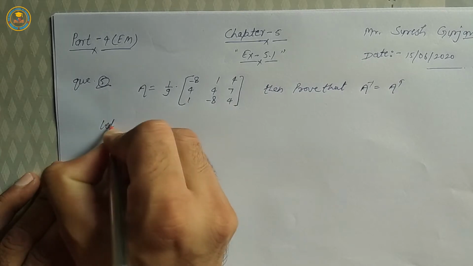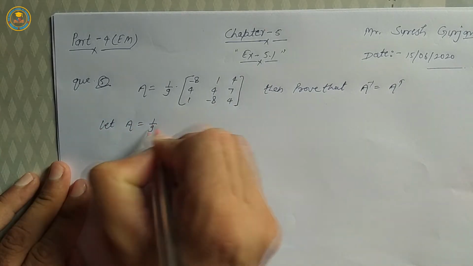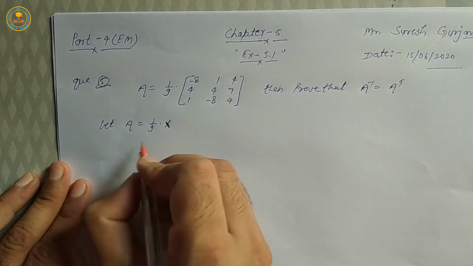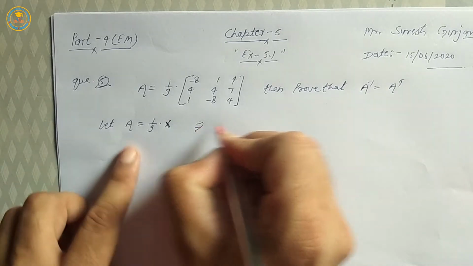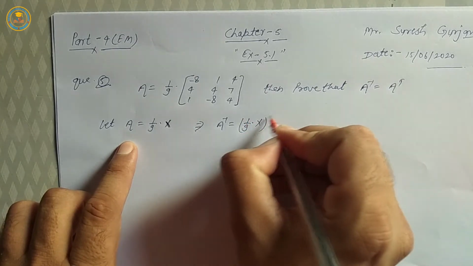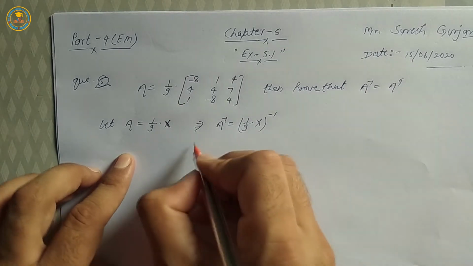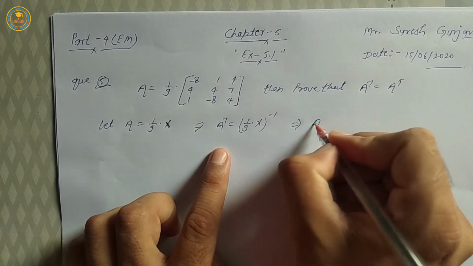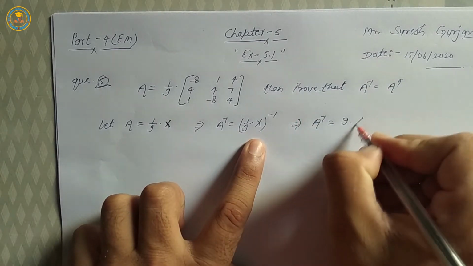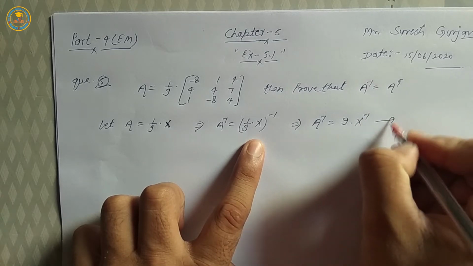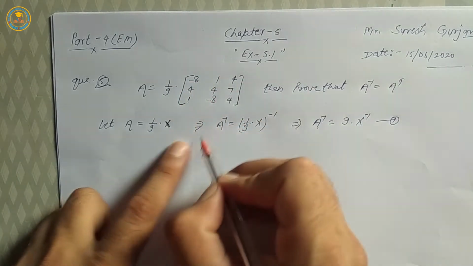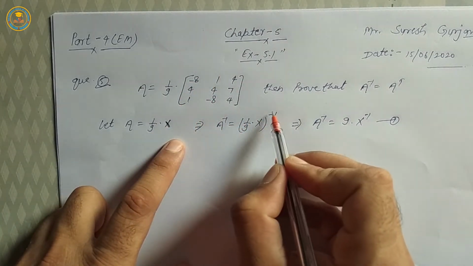So let A is equal to 1 upon 9 into matrix X. Implies A inverse is equal to 1 upon 9 into X, whole inverse.